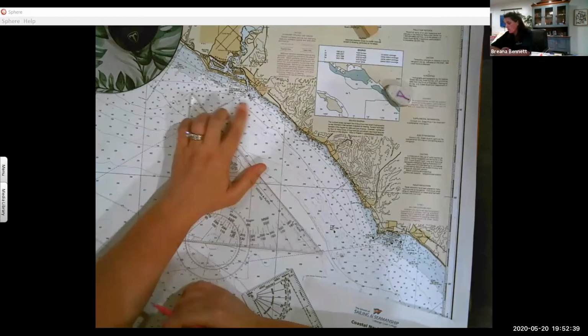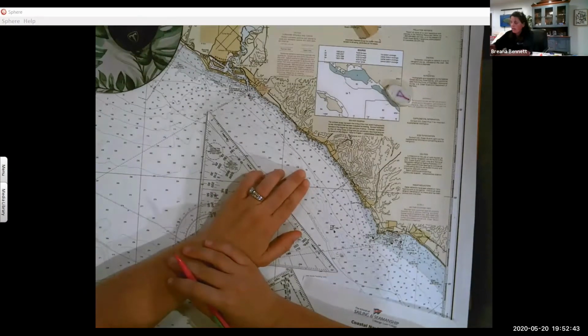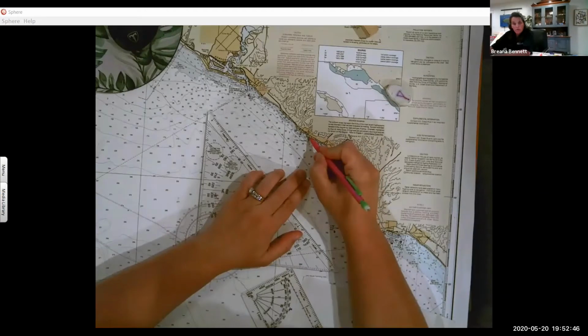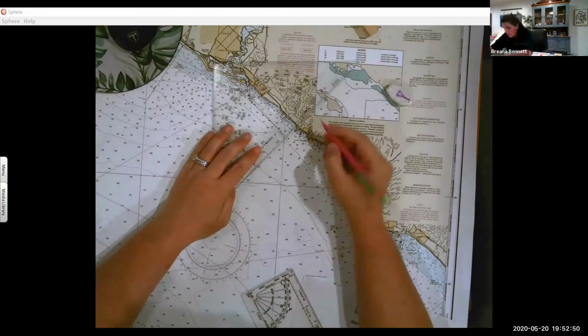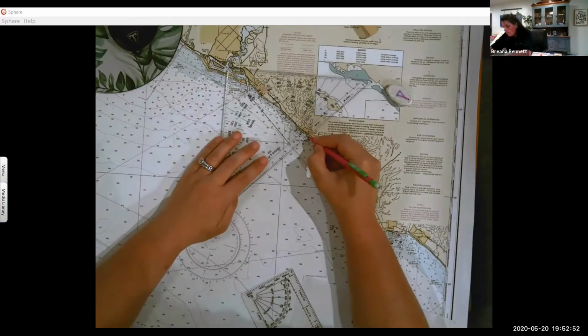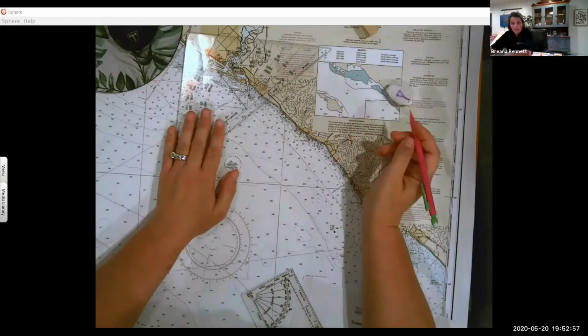So this is my course line, and it asked, when am I going to be abeam of 2 Rock Point? So I have my pencil on 2 Rock Point. You get a 90 to my course and just draw it in.